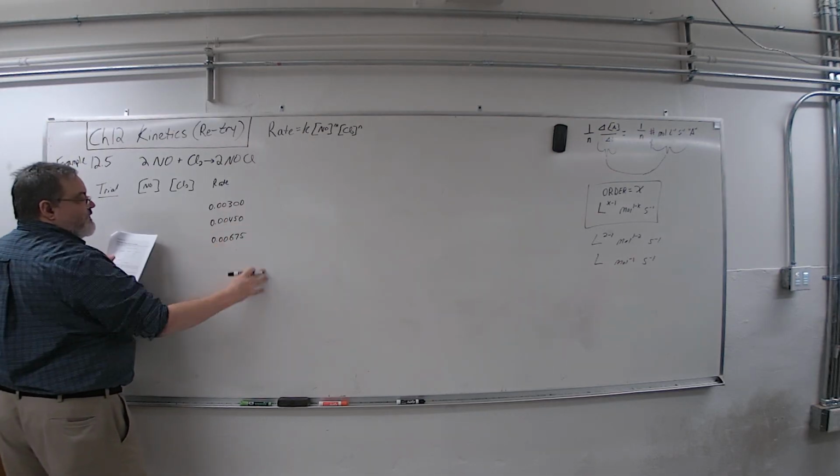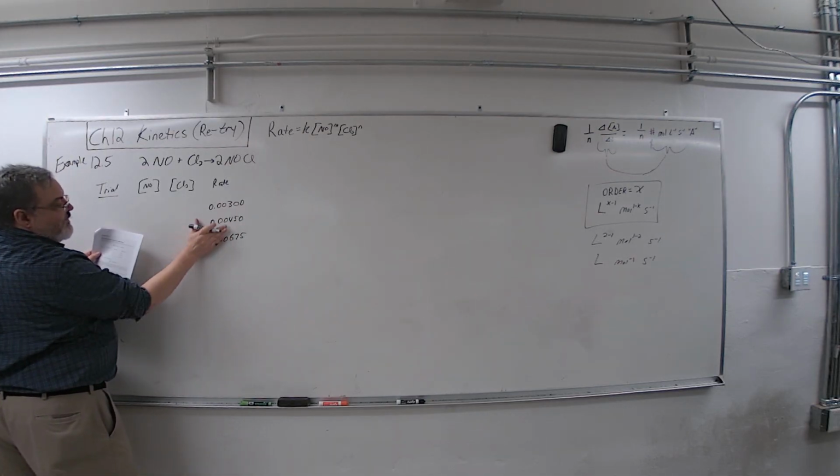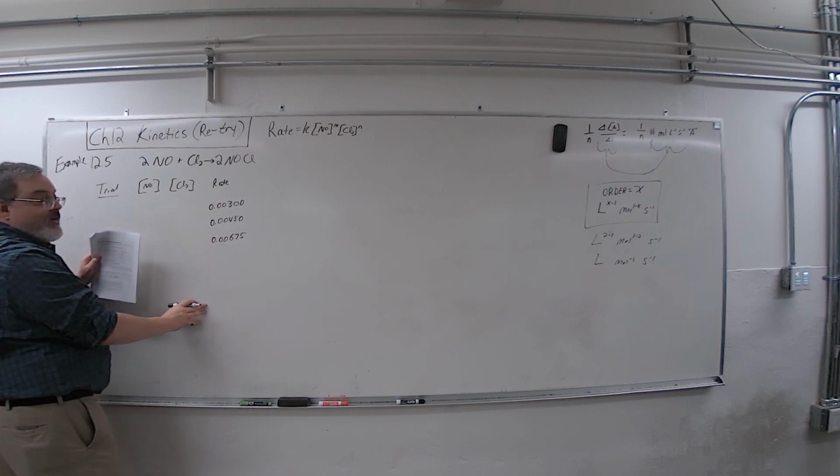Just like we took the powers of 10 off here, we could take these off and have 300, 450, and 675.